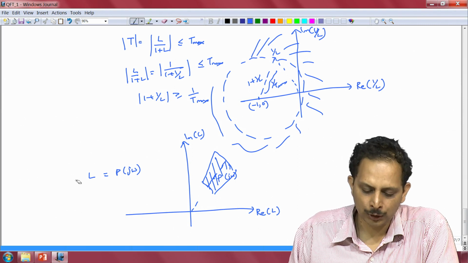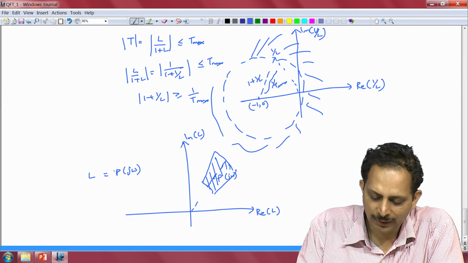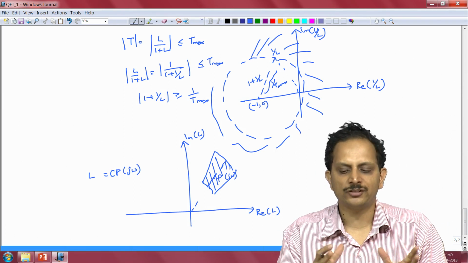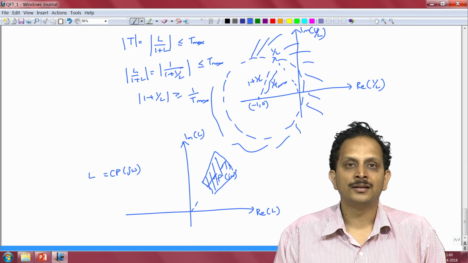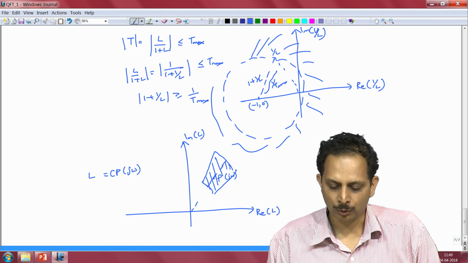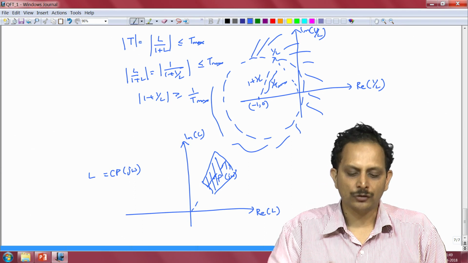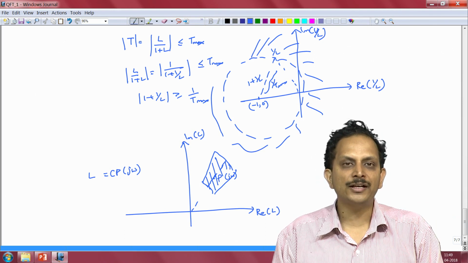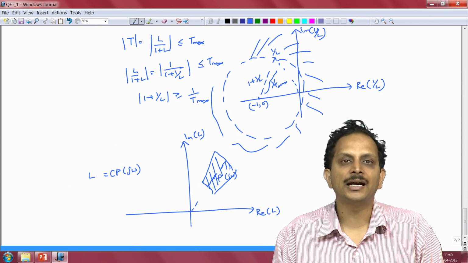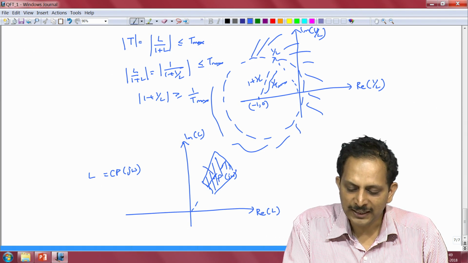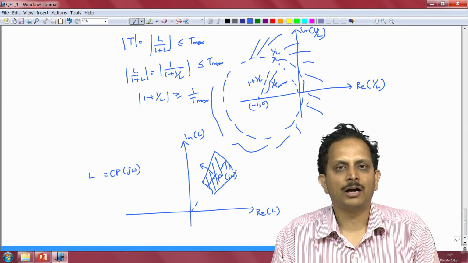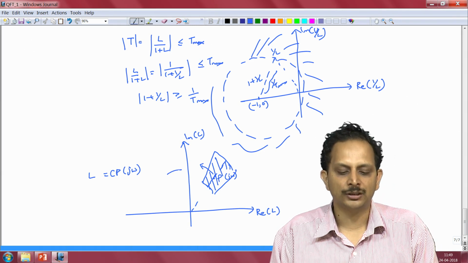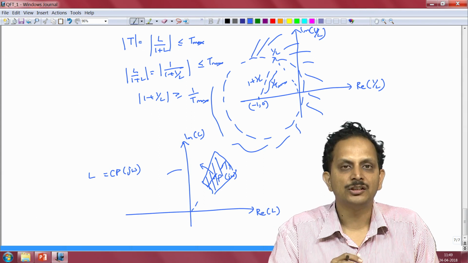Now when we are about to design a controller C, we will be multiplying the complex number P with C. Now since C is a certain fixed complex number with a certain fixed phase and magnitude, the effect of multiplying the plant complex number with that of the controller is to increase the size of the magnitude of P by the amount given by the magnitude of C and change the phase of P by the amount given by the angle of C. So in other words, our area which represents the locations where our complex number P of j omega can lie will get distorted because of multiplication of P of j omega with C of j omega.